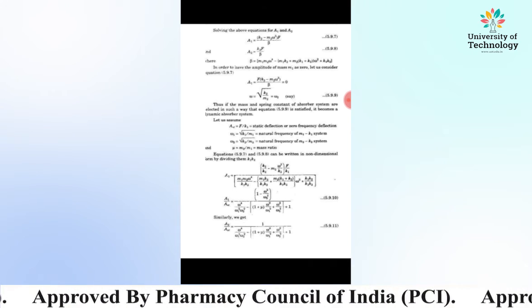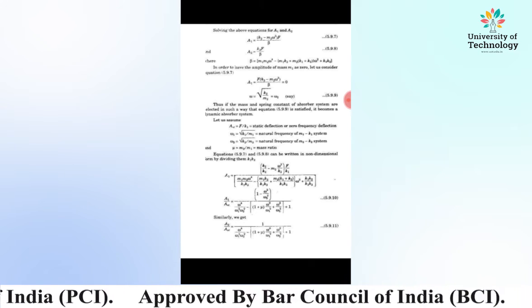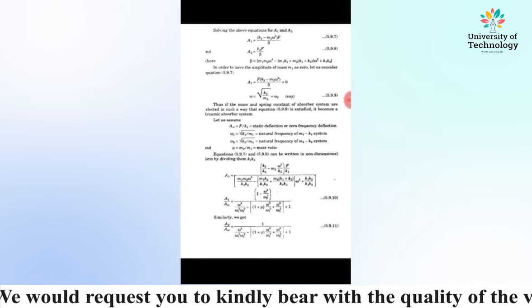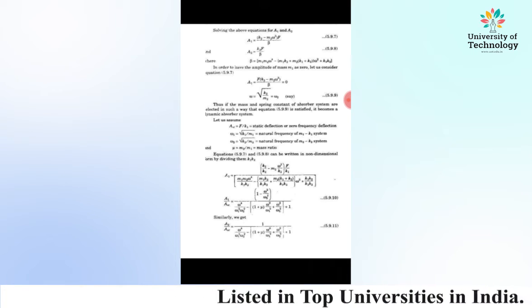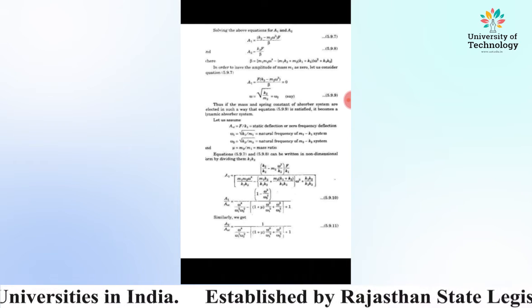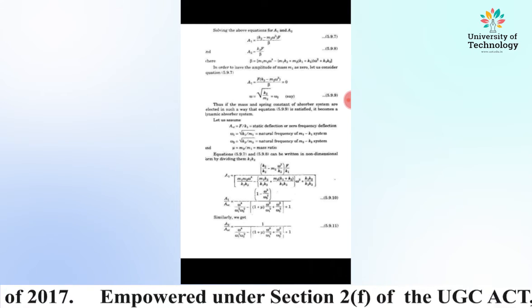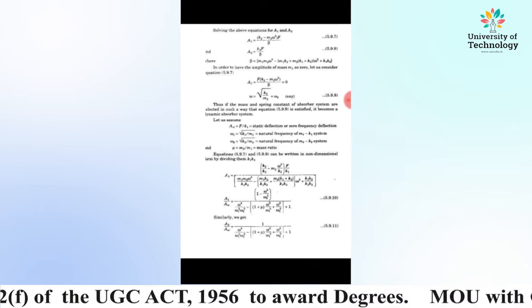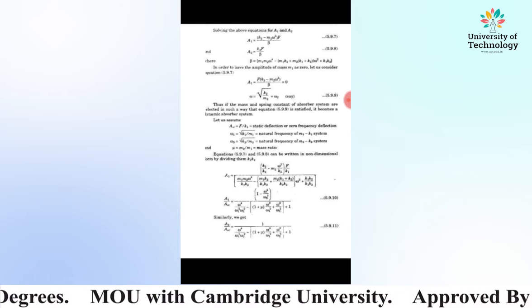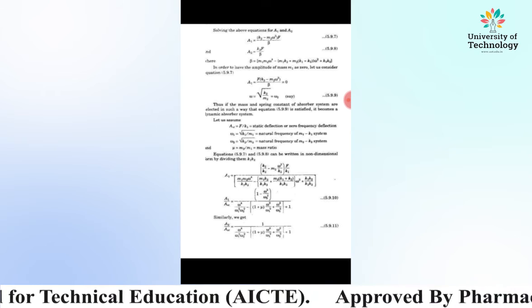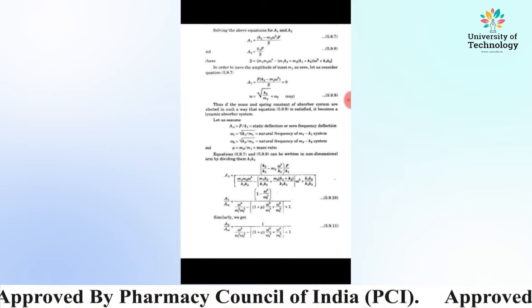For this condition, the value of amplitude A1 over A static is given by k2 by k1 minus m2 omega square by k2, divided by a denominator of the form m1 m2 omega to the fourth upon k1 k2 minus the bracket term times omega square plus 1, that is equal to A1 and A static, the standard or static amplitude.